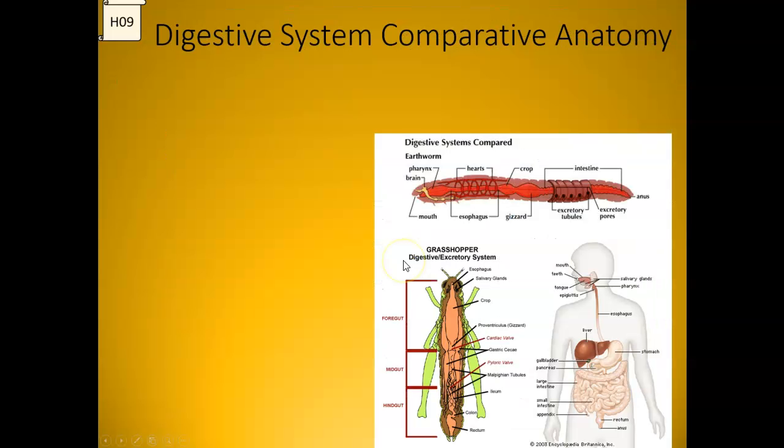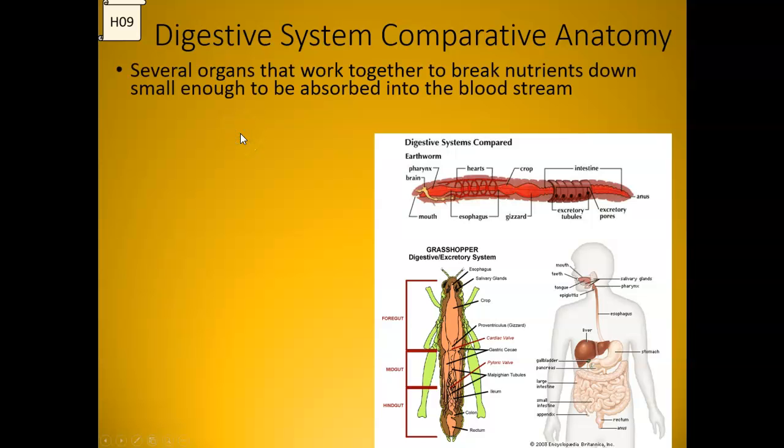All right, so moving on to comparing the digestive system. So we have several organs that all work together to break nutrients down from big things into small things, small enough that we can absorb them into our bloodstream. And most animals share the same basic structure. So whether you're looking at an earthworm or a grasshopper or a human, you have a mouth region, you have an esophagus region, you have kind of a stomach region, right?